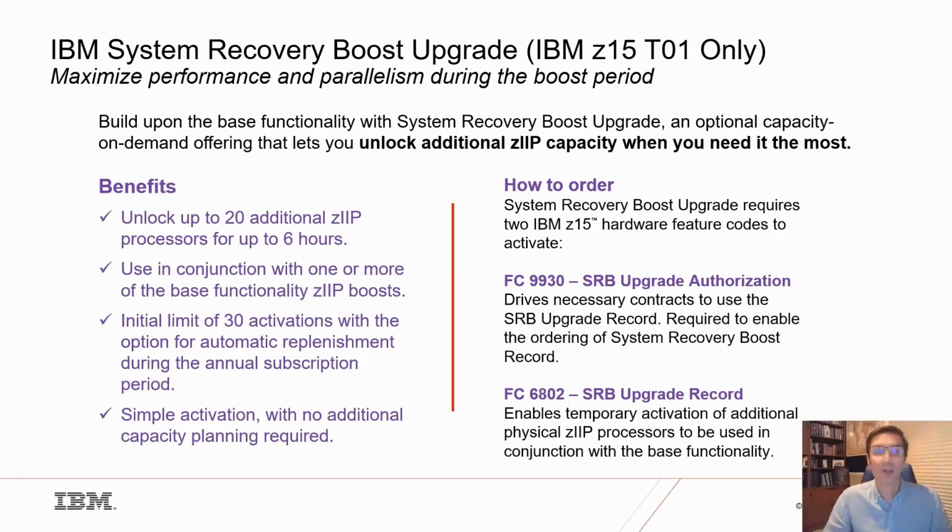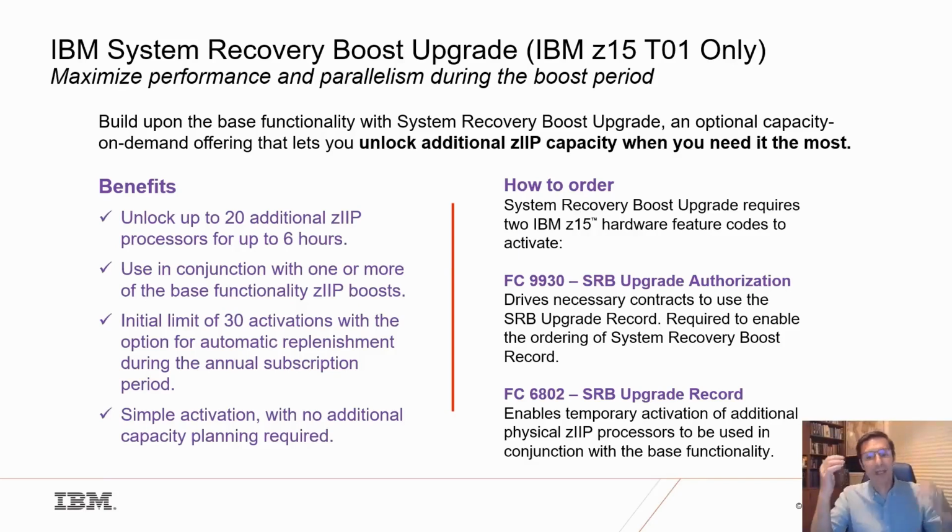Those engines are not used by any LPAR because you're not paying for them. Those would be for an increase in the model of the machine over what you currently have. I can unlock up to 20 of those additional dark engines to be used as zip engines during a boost period.